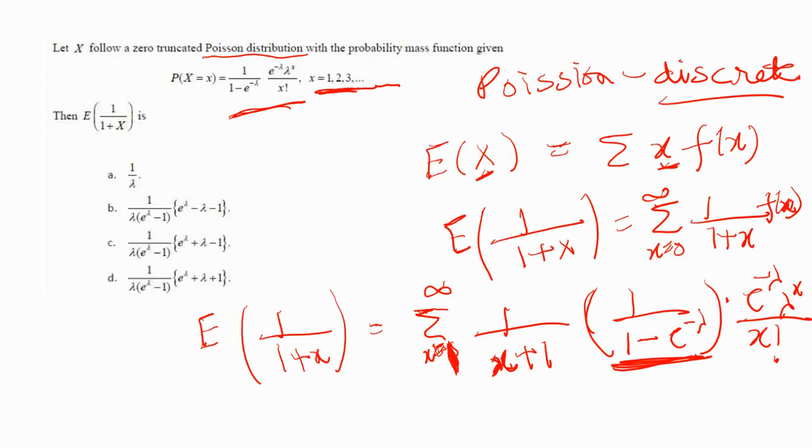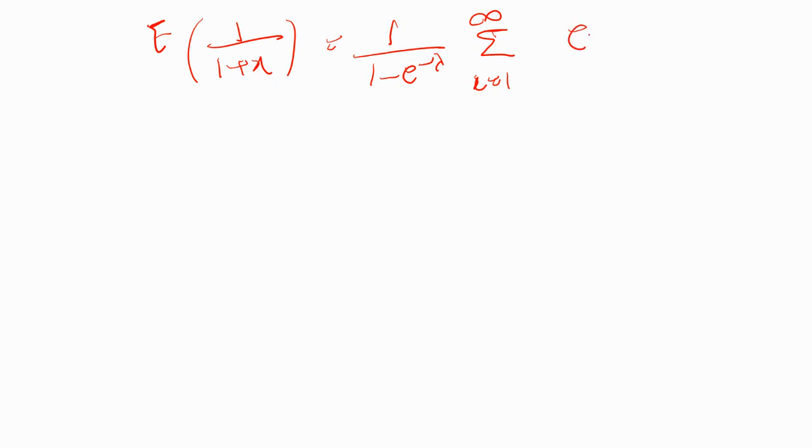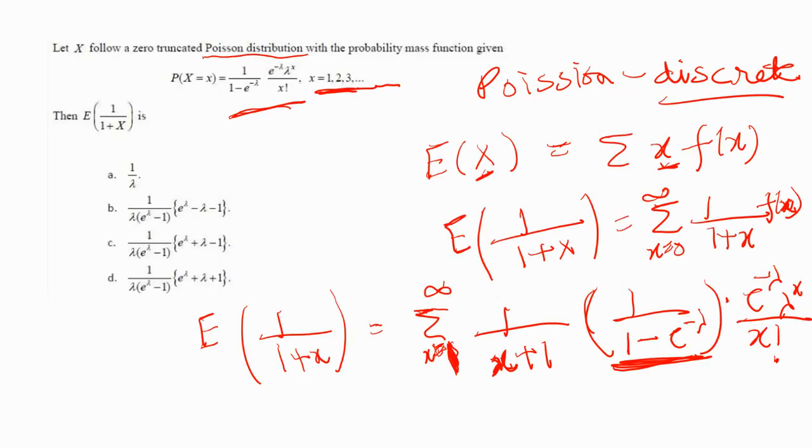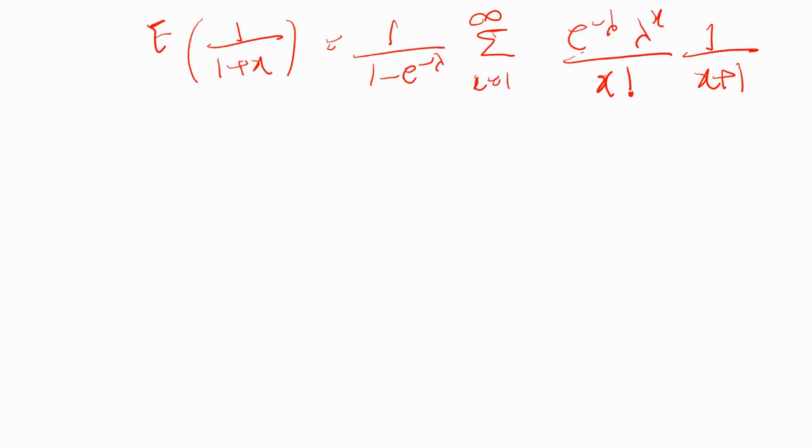So the expectation of 1 upon 1 plus x will be 1 upon 1 minus e to the power minus lambda, times the summation from x equal to 1 to infinity of e to the power minus lambda, lambda to the power x over x factorial, times 1 upon x plus 1. Now e to the power minus lambda is also constant, so we can take this out also.